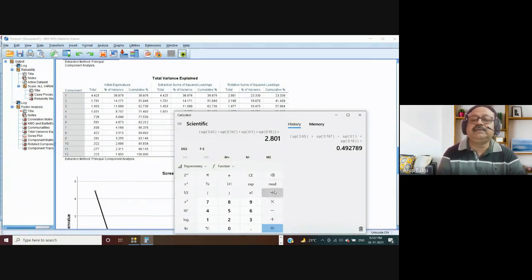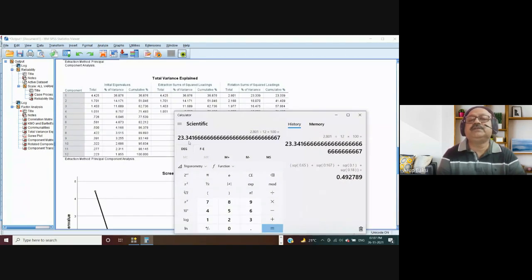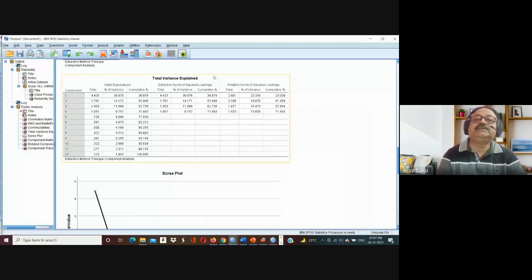If I divide this by the number of variables, that is 12, and convert it into a percentage figure, multiplied by 100, I am getting 23.341. So this 23.339 is the figure that I am getting out of this calculation. It is this particular figure divided by the number of variables, converted into a percentage. I get the percentage variance of the individual factor.